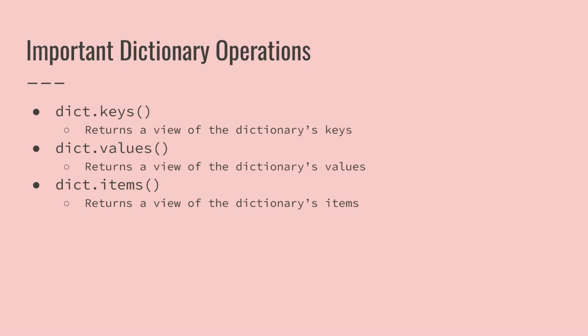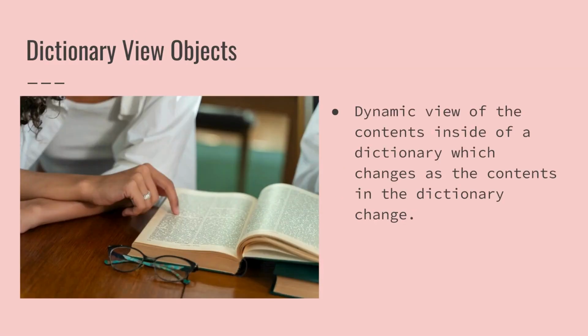However, it's very important to focus on the fact that these functions return a view of the dictionary's values, keys, or items, not necessarily a dictionary by itself. This is because in order to see the contents of a dictionary, these functions return what is called a view object.